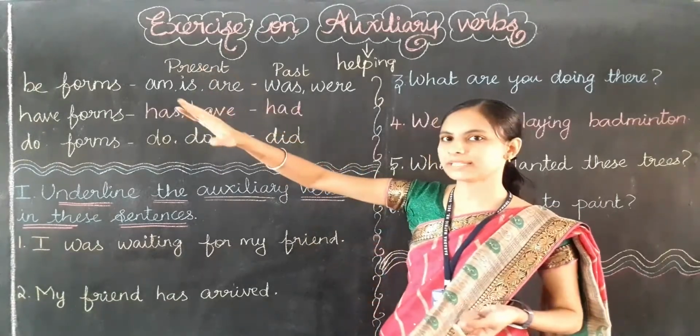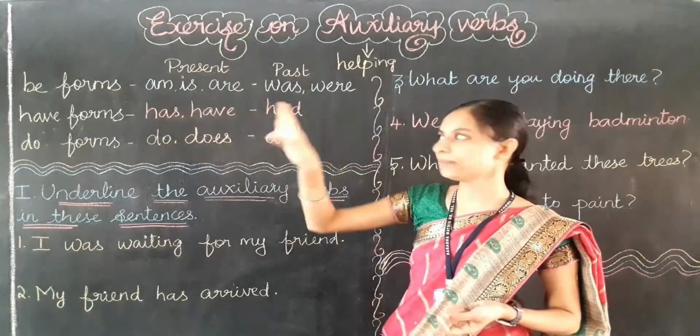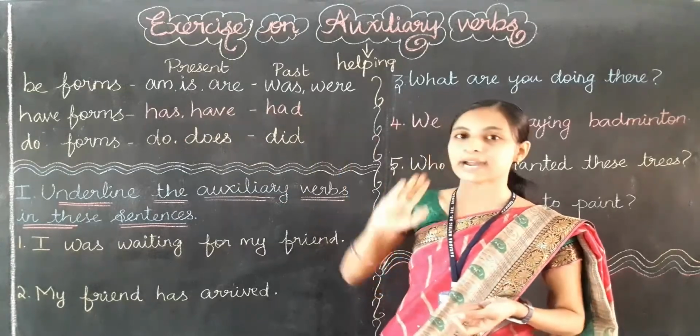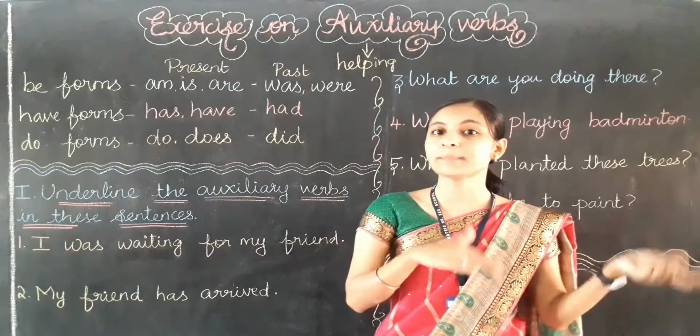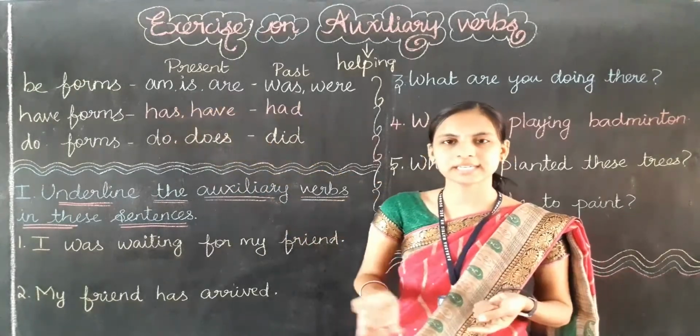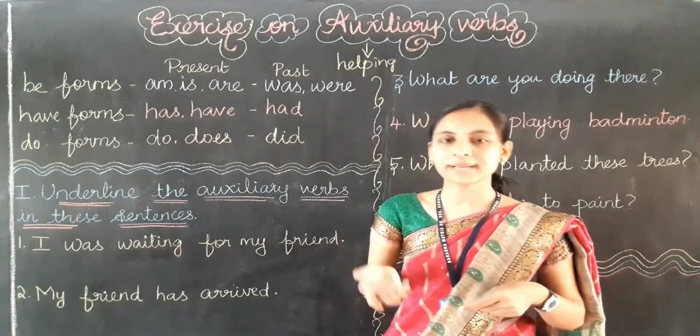If you find had in a sentence, it talks about the past time only. If you find has or have in a sentence, then it is happening now, which refers to the present time only.